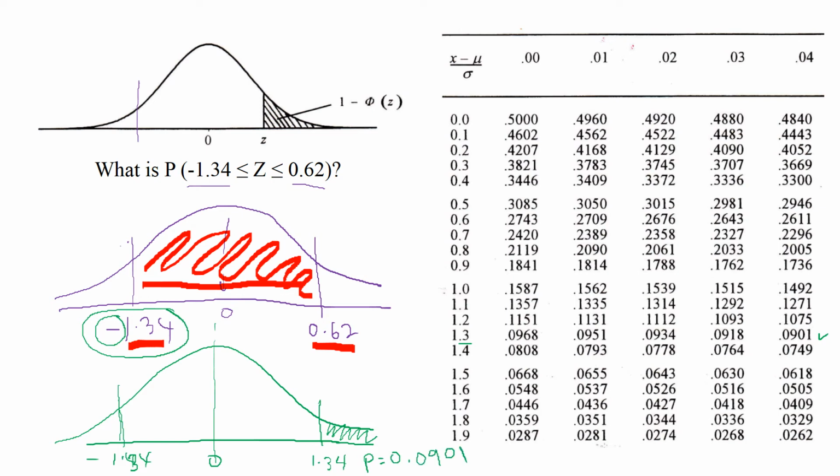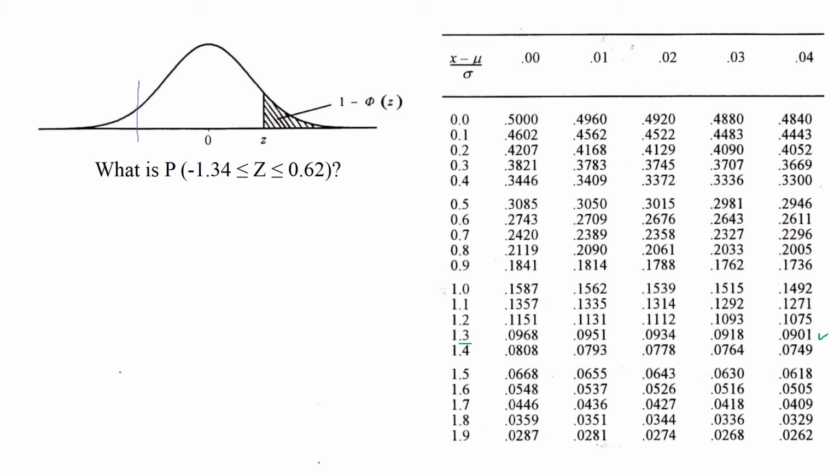Because this is a mirror image, the probability of negative 1.34 is similar to that of 1.34, which means the probability of negative 1.34 equals 0.0901.